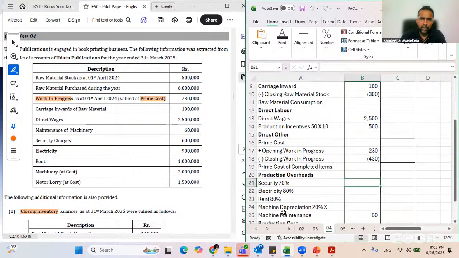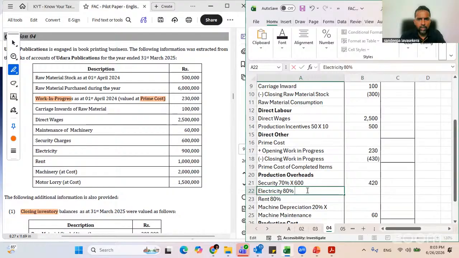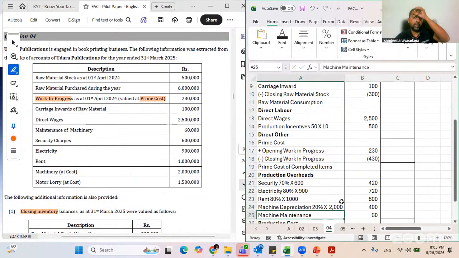We just have to take 70% of that 600. Electricity 80% of that 900. Rent you would just take 80%. You have to take the depreciation of the machine. Right. You're done with it.